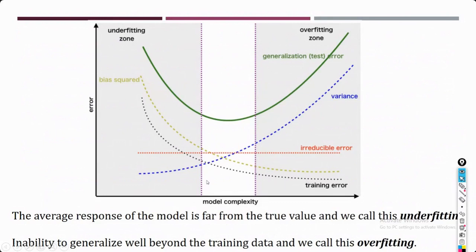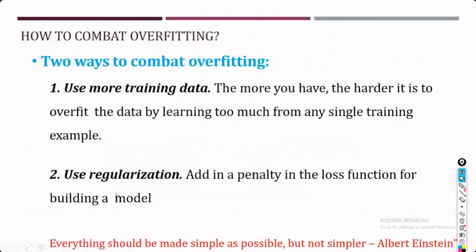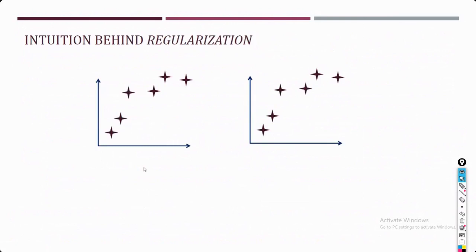If I'm reducing it further, it's going to move further in a simpler direction. So your model should be simple, but not too simple. It should not remember each and everything, but it should learn something from your data. That regularization we are going to cover a little bit.